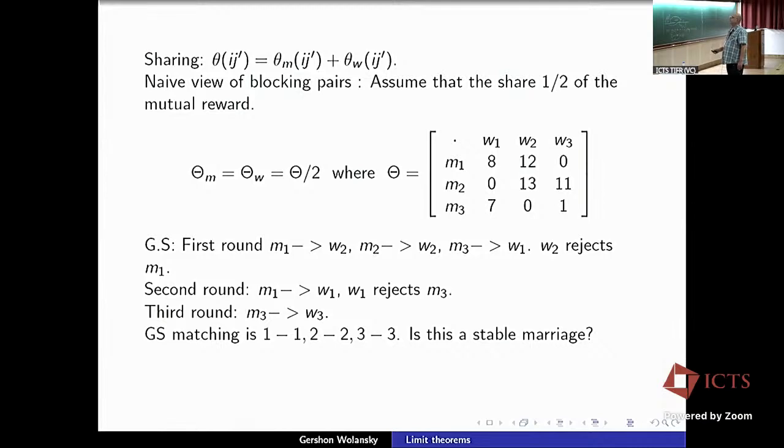And in the third round, the third man, who was rejected so far, proposes to the third woman, and we again get the same matching. This is an accident; it doesn't have to be like this, but in this case they got the same stable matching for the case of mutual sharing, where they share the two rewards equally.